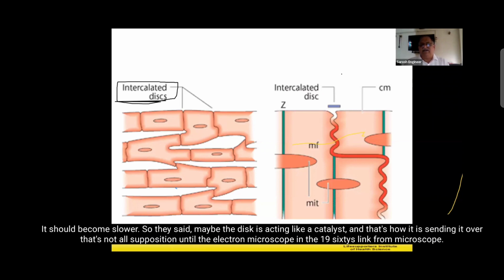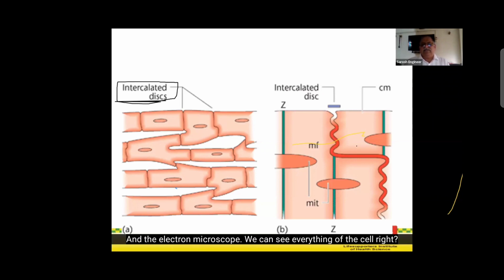Under the electron microscope, we can see everything of the cell, right? And then we came to know that the cell wall is not, I'm taking this example, no? Cell wall is not like this. This cell wall, when we see under the microscope, is like this. This cell's wall is like this.